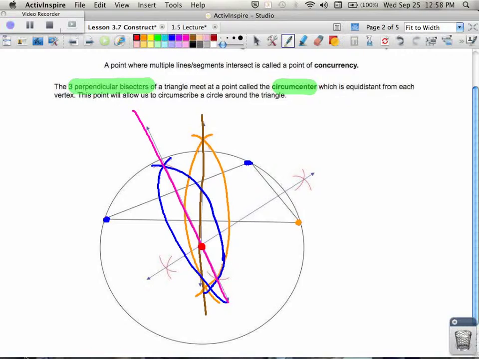You then take your compass, put it on that point that's the intersection of the two lines you've just drawn that were the perpendicular bisectors, touch any one of the vertices, and you should be able to draw a circle that is exactly around the whole triangle. That's called a circumscribed circle.